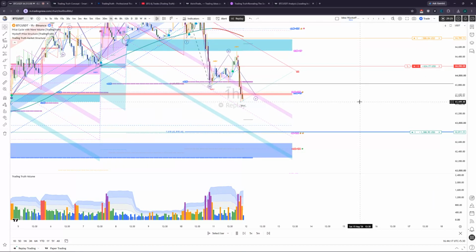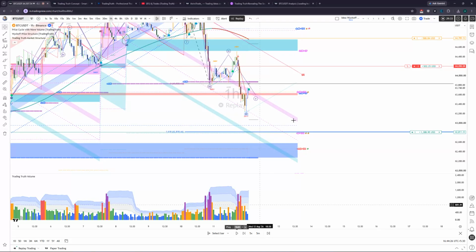And this is how it's going. So here we should be aware that this can very well retrace all the way there. Our stop loss is there, so we should be aware of that.